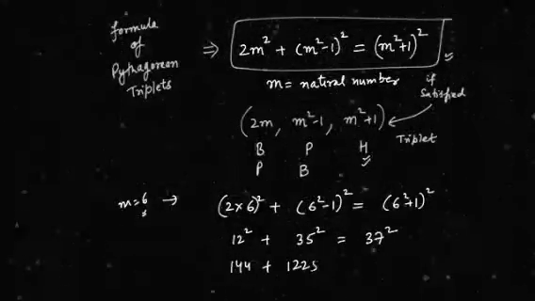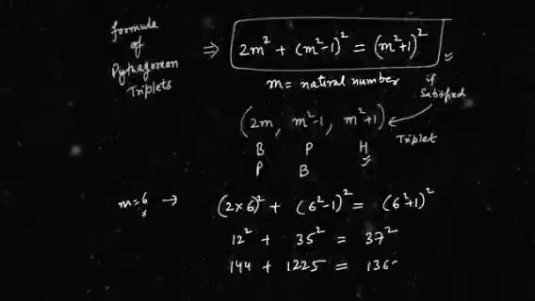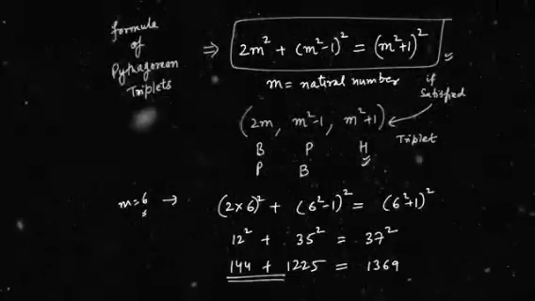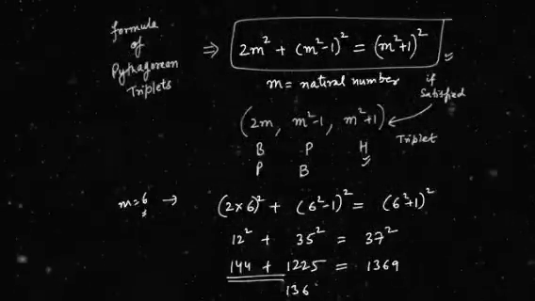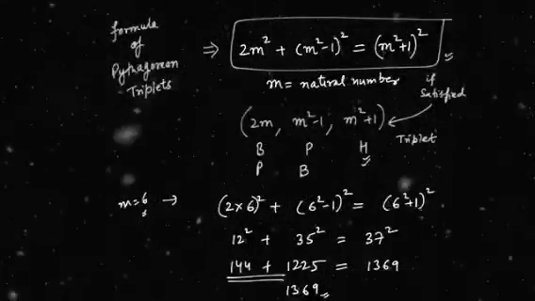35 square is 1225 and 37 square is 1369. Now if you solve the left hand side, you will get 1369, which is equal to the right hand side.